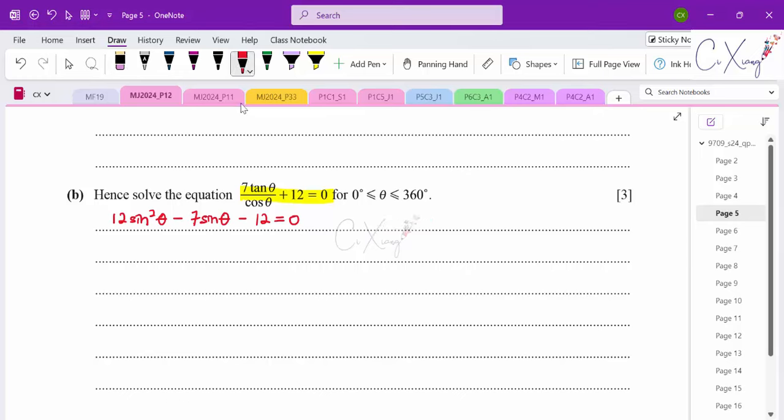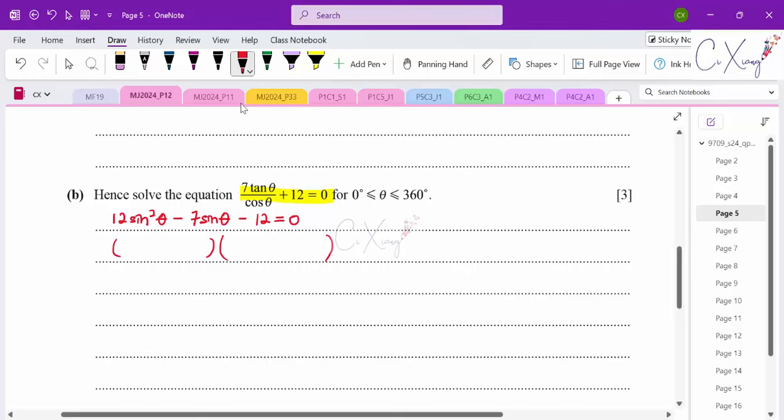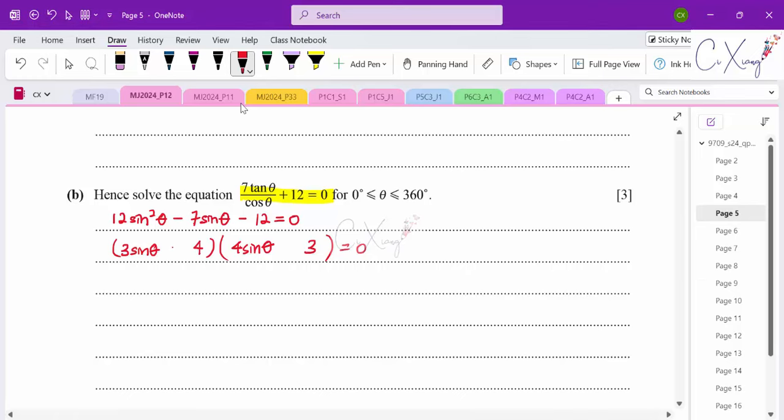So for this quadratic form equation, if I try to factorize it, I should be having 3 sine, 3 sine and 4 sine here. And after that, for the 12, I want to get 7. 4 times 4 is 16. 4 times 4 and 3. This is 4, 3. Then should be negative 16. This is negative, then this is positive.